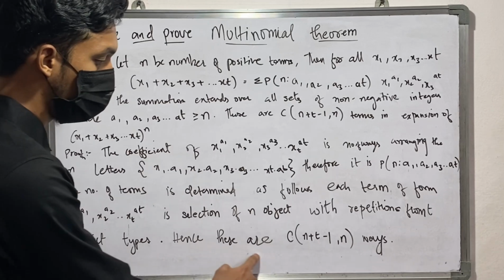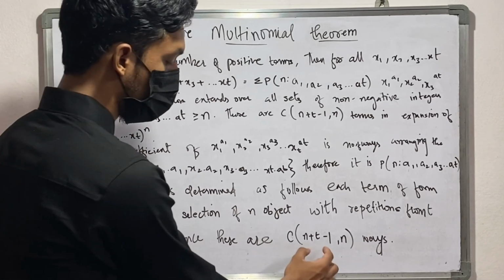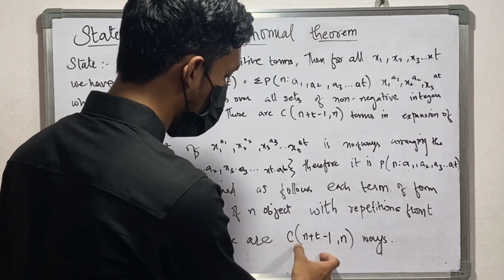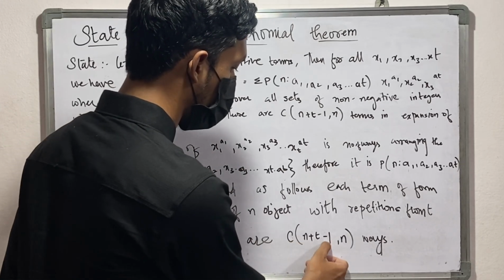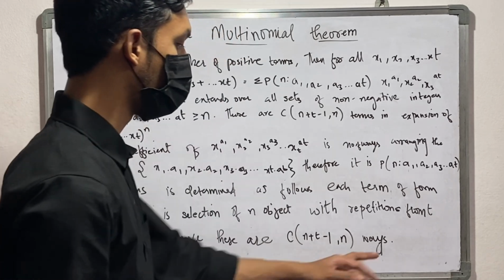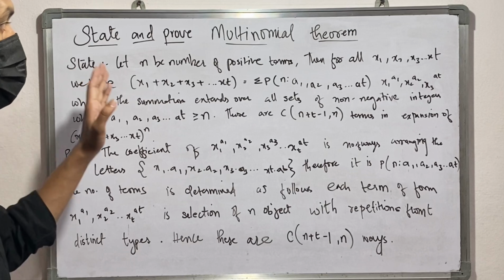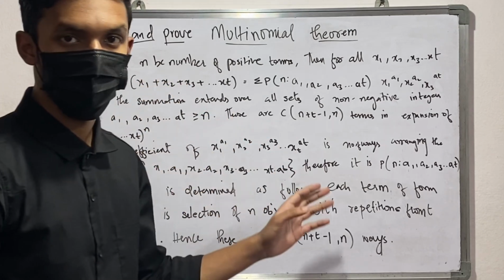Hence, they are nCr ways. So we write here C(n + t - 1, n) ways. So hence we have proved the statement and proof of the multinomial theorem.